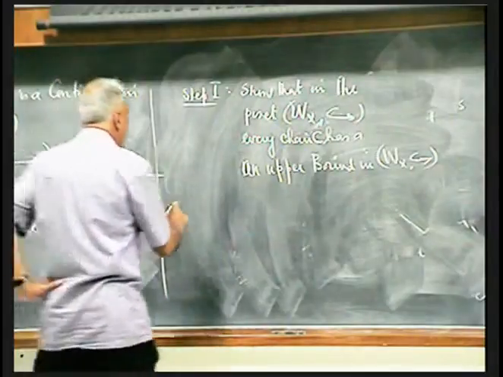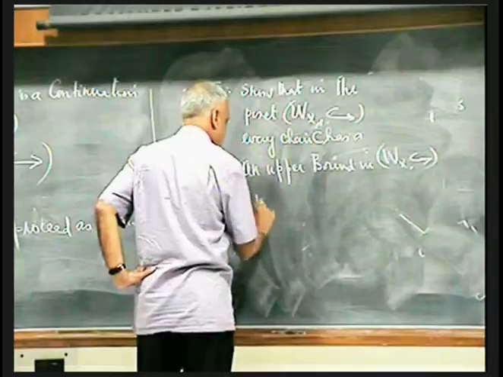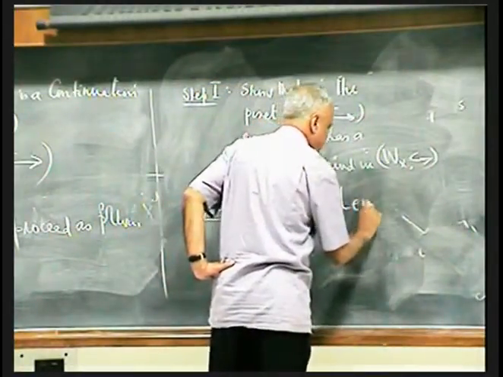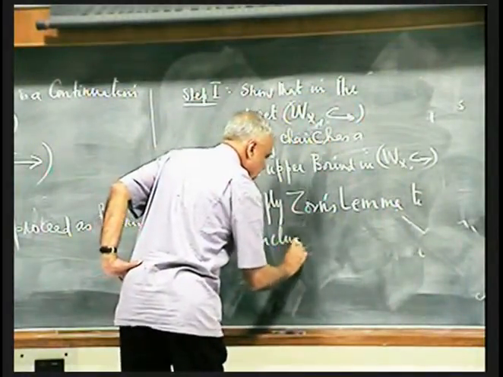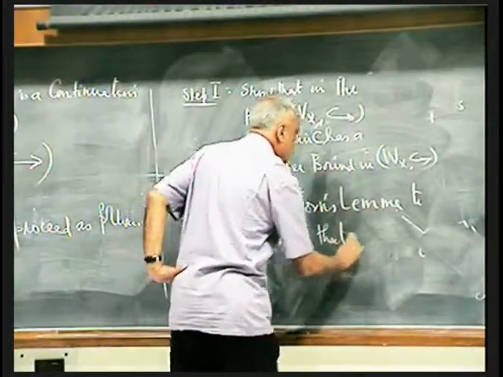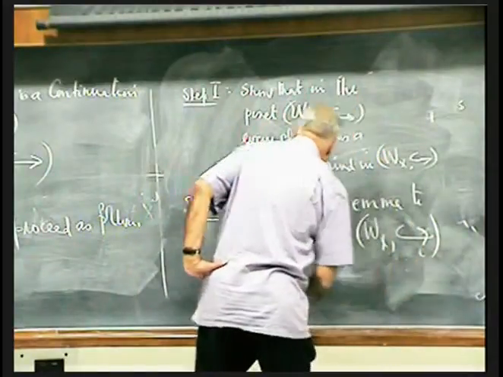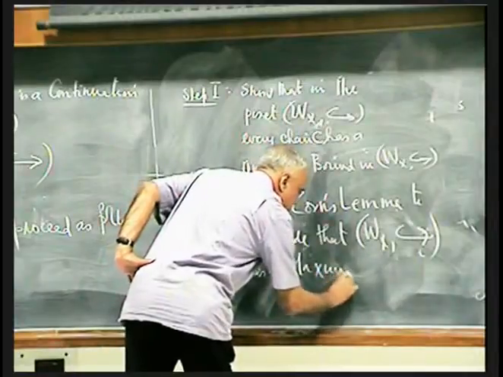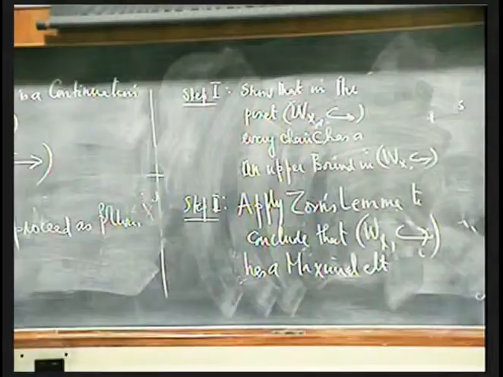And therefore, step 2, apply Zorn's lemma to conclude that this partially ordered set has a maximal element. What is an element? A well ordered set.